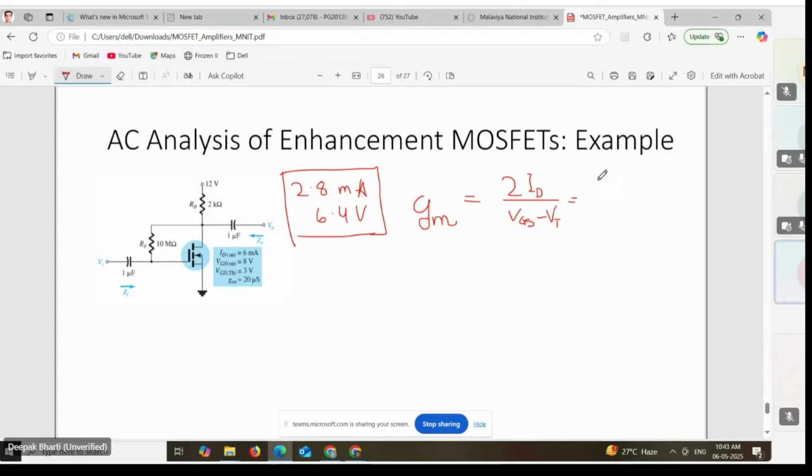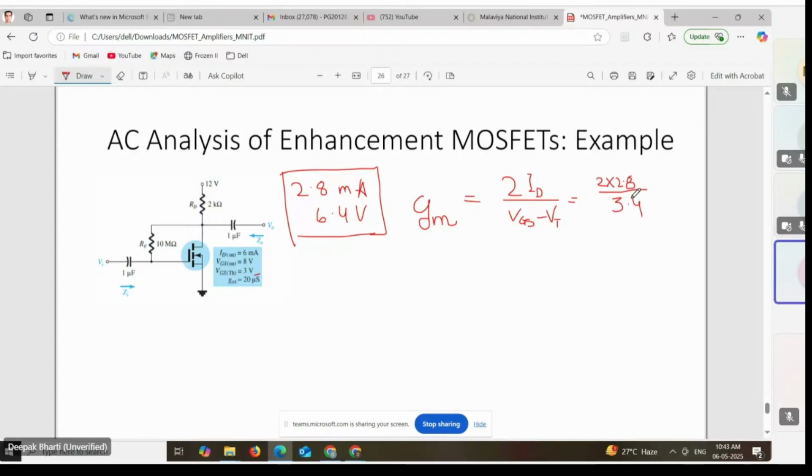Okay, it is twice of 2.8 upon 6.4 minus VT. VT is how much? We can look here, it is 3 volt. So 3.4. So how much is the GM? Let me calculate.